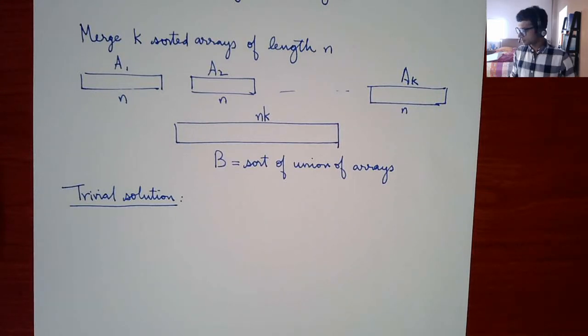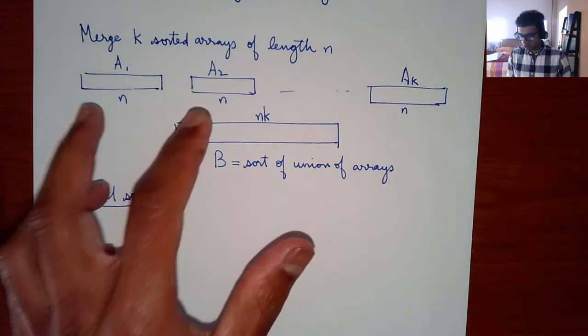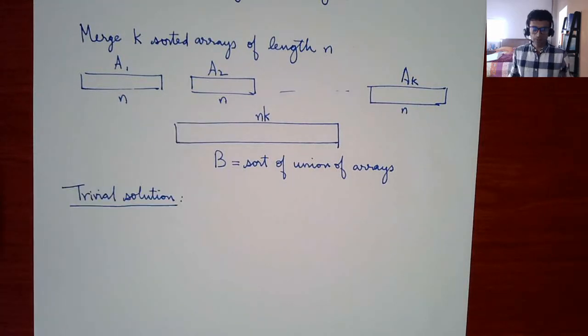The simplest solution would be just to repeatedly add two together, and you just keep adding to the main one, but it's going to get really long and kind of unbalanced. So you're saying take two of them, merge, then take the next one, merge, and so on and so forth. Yep. So that is one trivial solution. You're absolutely right.